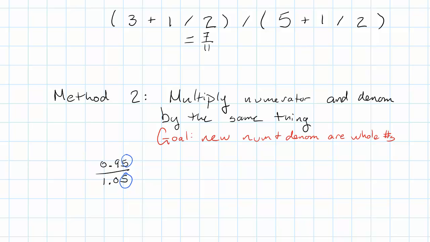So I want to multiply my numerator and denominator both by 100. And notice that the net result of multiplying a decimal by 100 is that I'll have 2 fewer digits after the decimal point. So in both of these cases, I will have no digits after the decimal point.